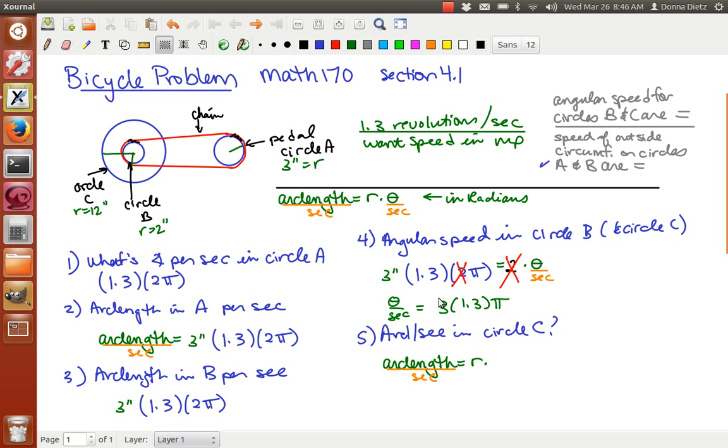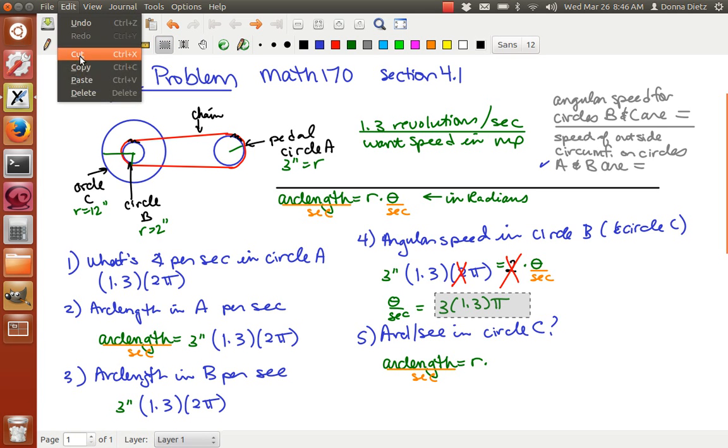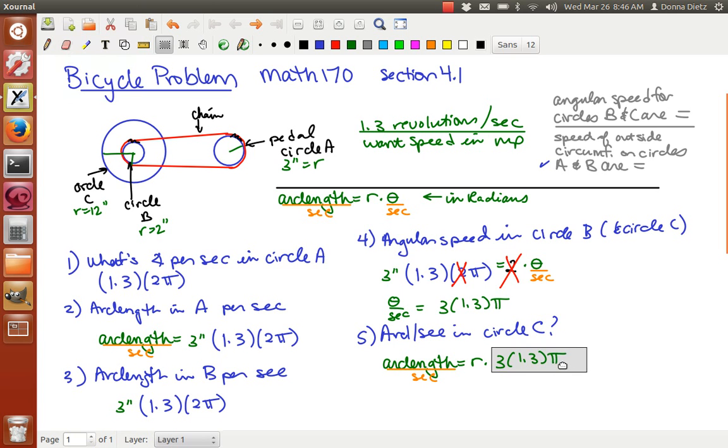It's right here. And what's the new radius? It's 12, right? Now we basically have it. We just have to review it.